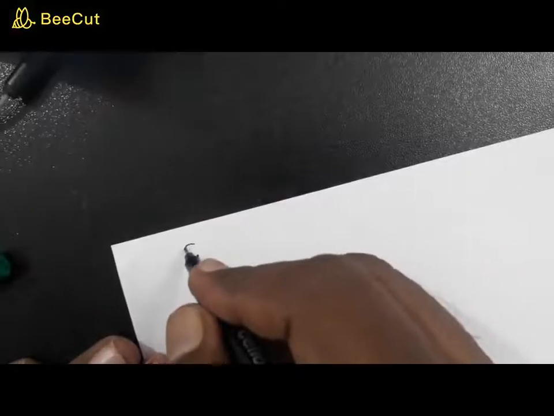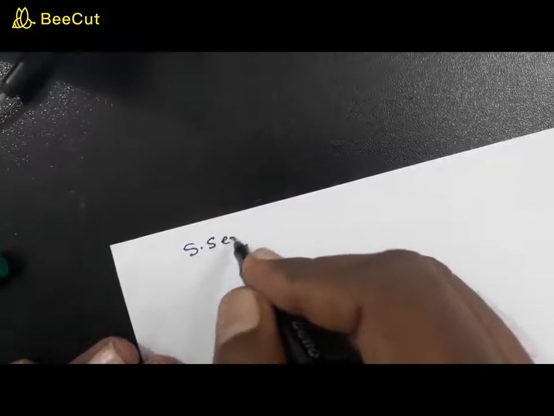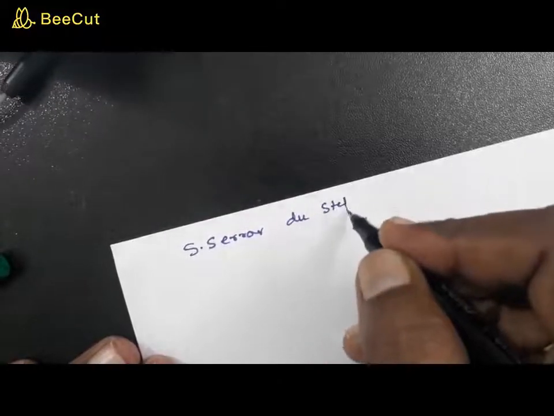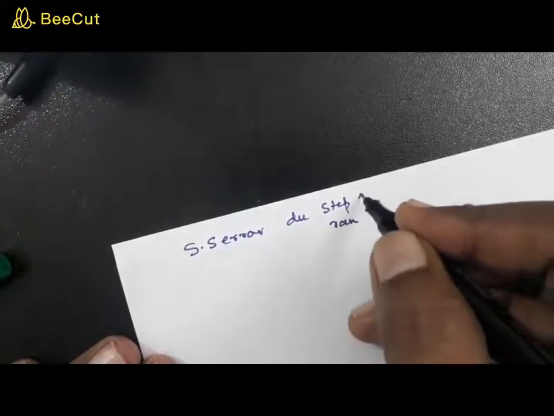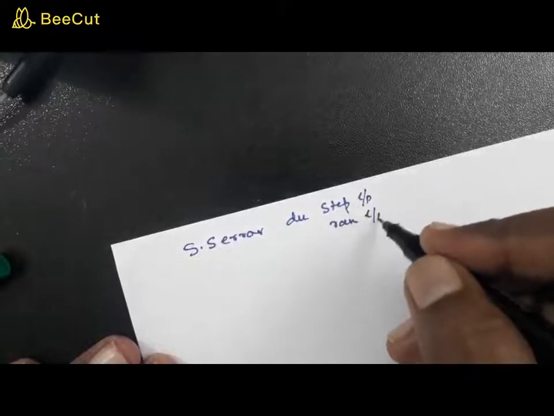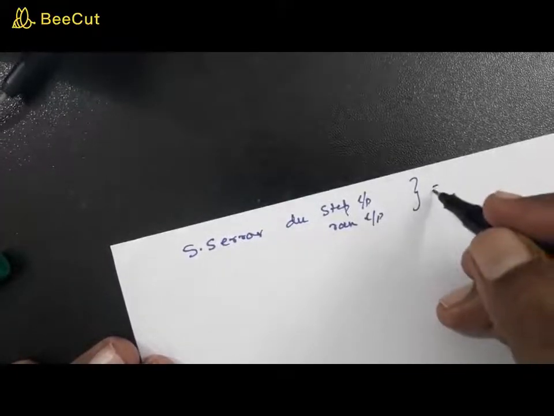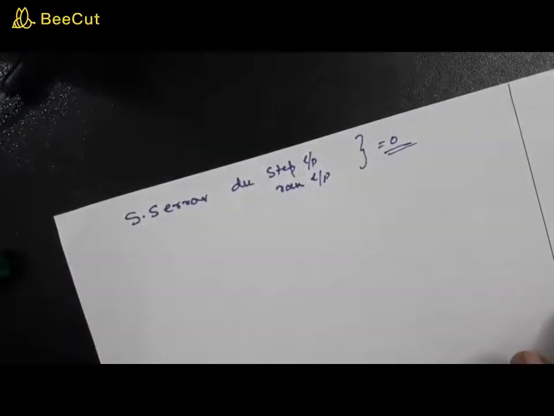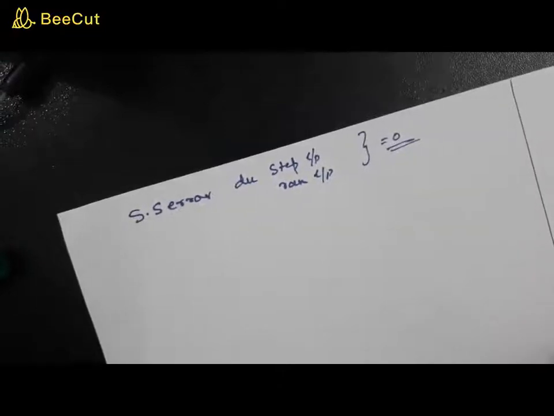Now we have already studied the steady state error. The steady state error due to step and ramp input for a type 2 system is equal to 0. We have already studied this. If you have any doubts, you may refer to the previous videos where we studied static error coefficients.